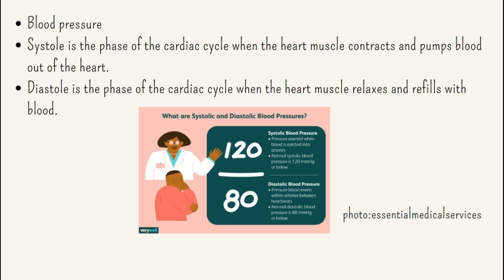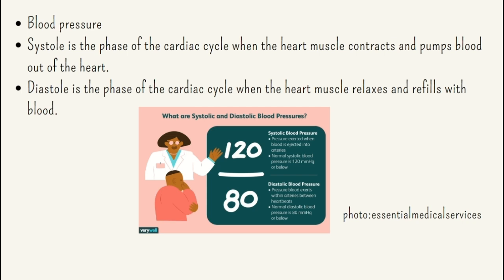Then the diastole is the phase of the cardiac cycle when the heart relaxes and refills with blood. So if you look at the diagram, the top number, the bigger number, is going to be the systolic number, right? Which tells when the heart contracts and pumps blood out of the heart.